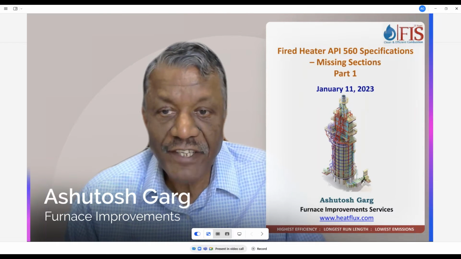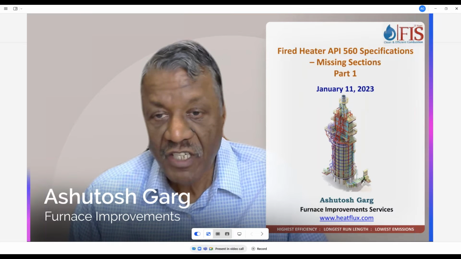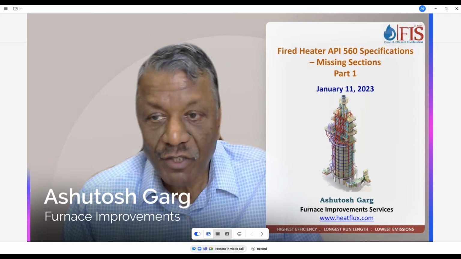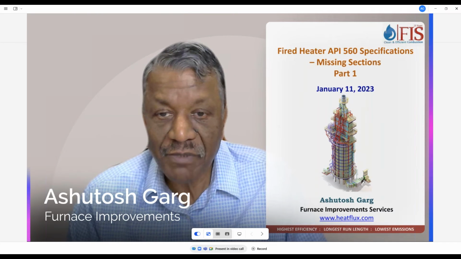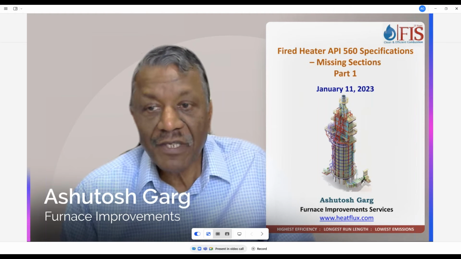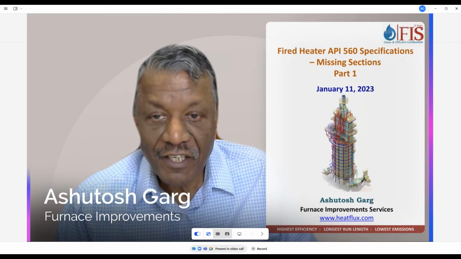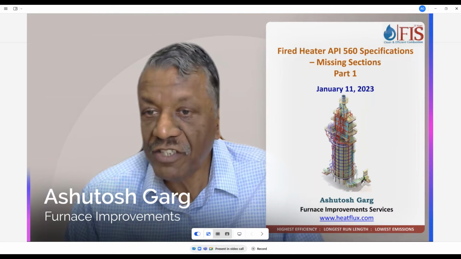The heater was retubed twice already in the past 10 years. Similarly, we have worked on many crude, coker, and vacuum heaters, and all these heaters were built as per API 560 specifications. So this experience led me to think about what is missing in API 560 that is causing all these problems.